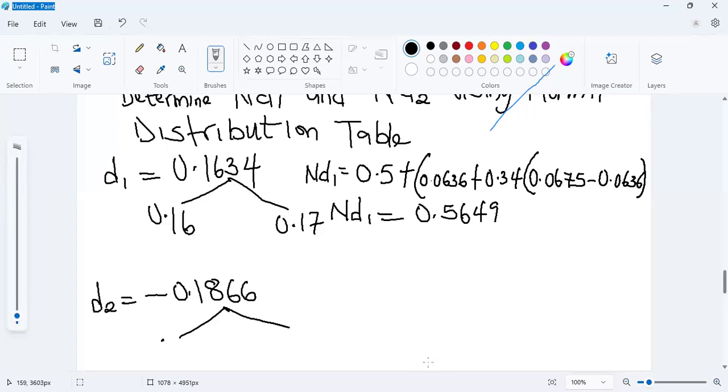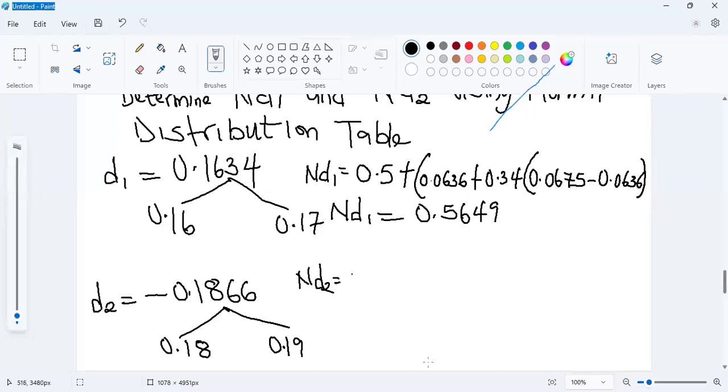This will be between 0.18 and 0.19. When I say ND2, now look at here. The sign we have here is negative, negative 0.1866.